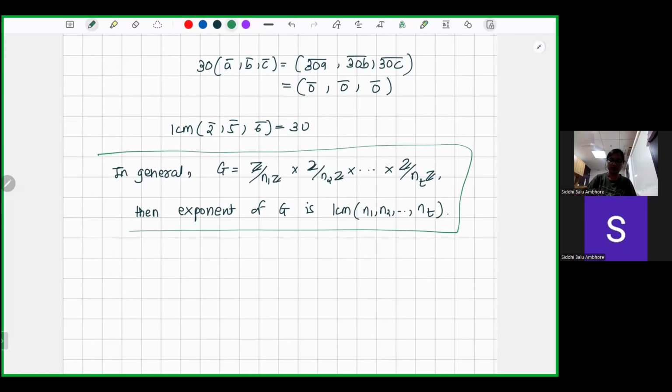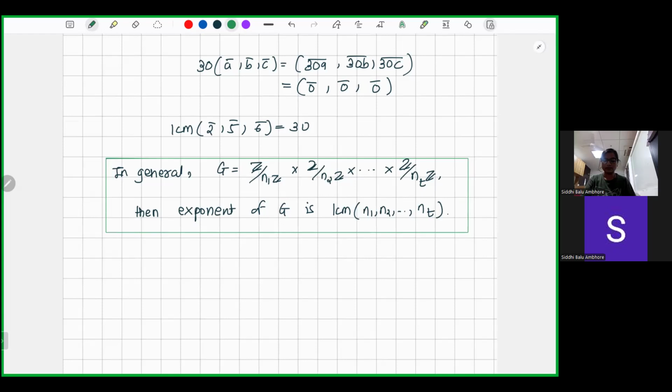You can keep this in mind if you are planning on a given exam.